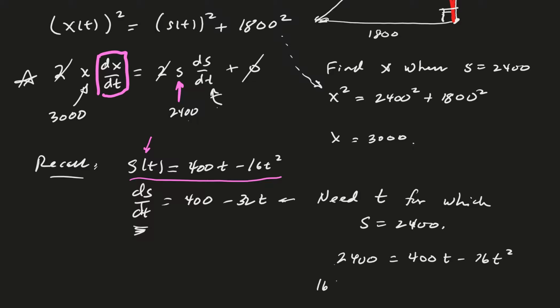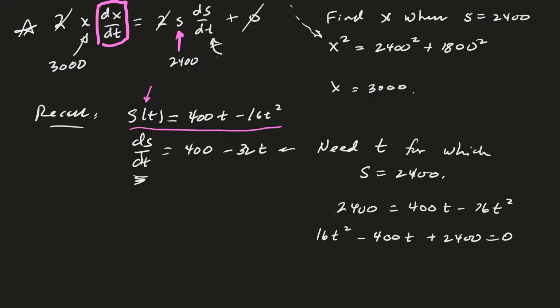If I bring things over so it looks like a regular quadratic, I've got that quadratic equation, and in fact it factors nicely. Let's simplify that a little bit: t squared minus 25t plus 150 equals 0. And it just turns out that this simplifies to t minus 10 times t minus 15 equals 0.